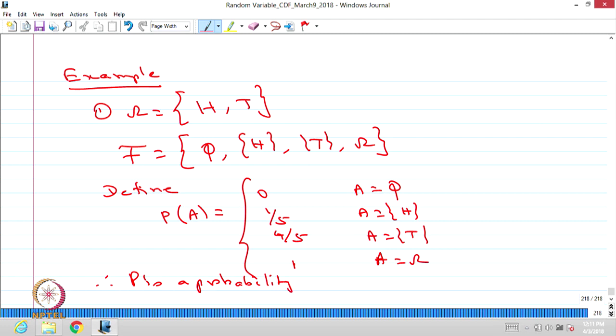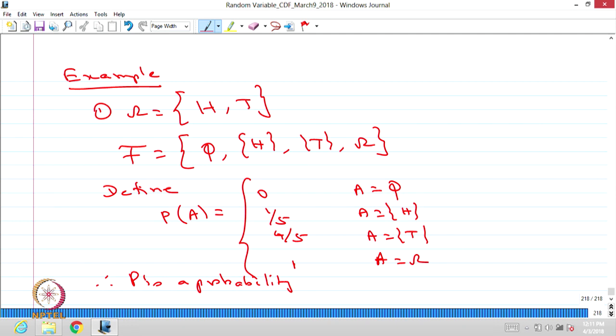Now we can think, is there any other function that also satisfies the same three conditions, so that we will have one more probability. So here this omega, F, P is a probability. Let me make a notation called suffix 1. That means P1 is a probability, therefore omega, F, P1 is a probability space.